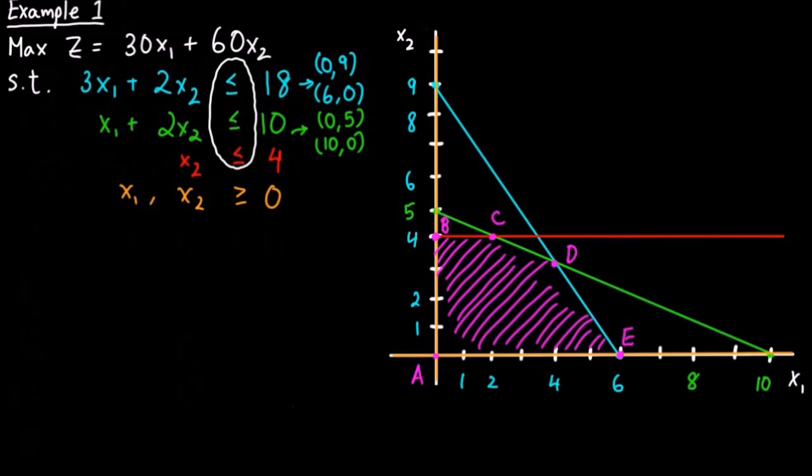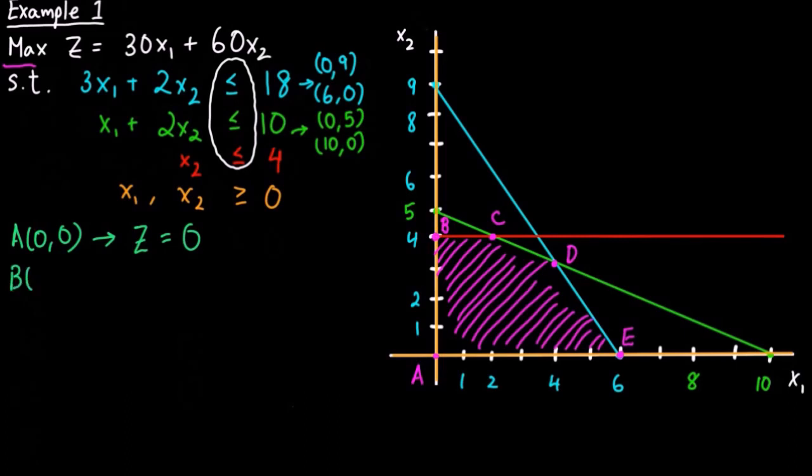So now we have to plug in each of these extreme points into the objective function and find which point gives the highest value, since this is a max problem. So point A is at 0, 0. That gives a z value of just 0.